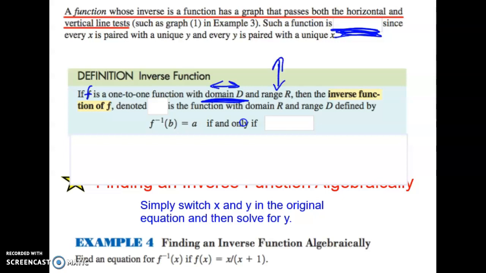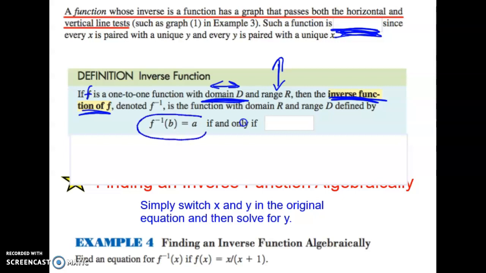Okay, so if f is a 1-to-1 function with domain D, range R, then the inverse function of f, denoted, so what are we going to do? We're going to call that f inverse. So that looks like f to the -1 power, but really the way we say that, the vocabulary, is f inverse. So denoted f inverse is the function with domain R and range D defined by this.